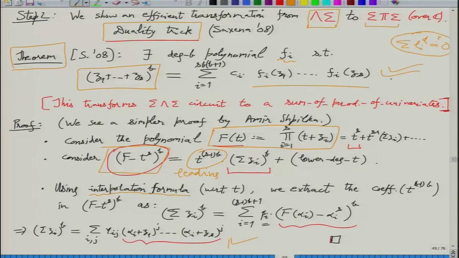So you exactly get this. So you actually can write sum of zi raised to b as sum of products of alpha_i plus z_j raised to j. So alpha_i plus z_k raised to j. Okay. So this is the thing you should remember.